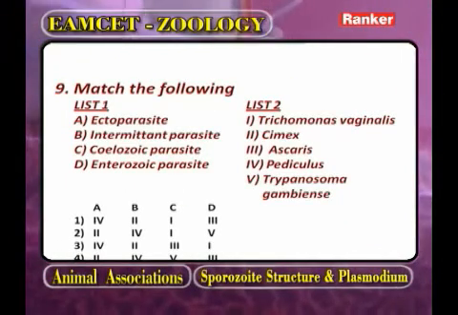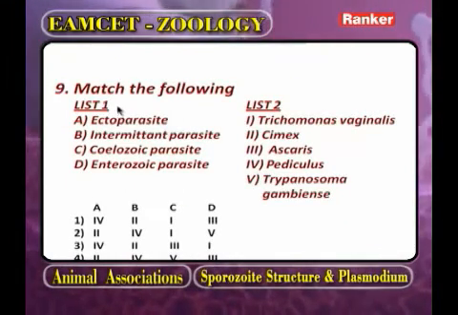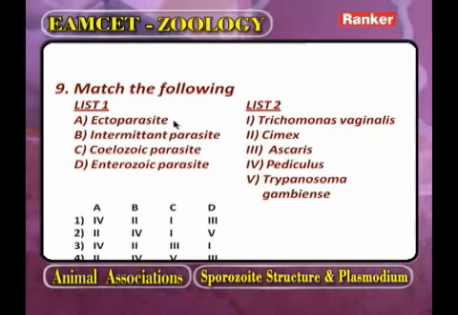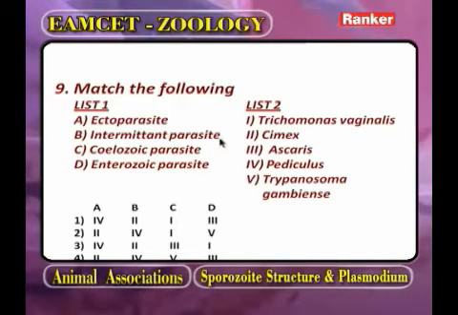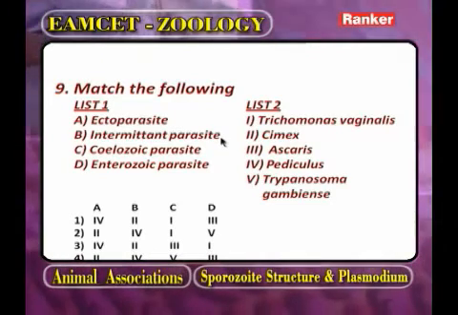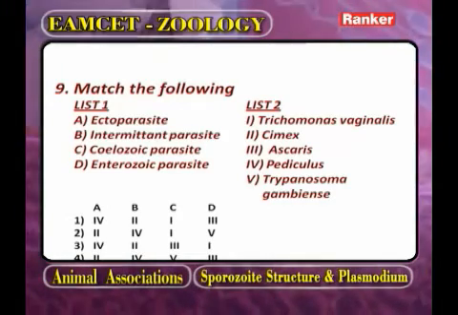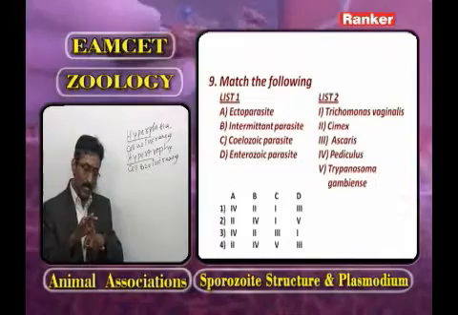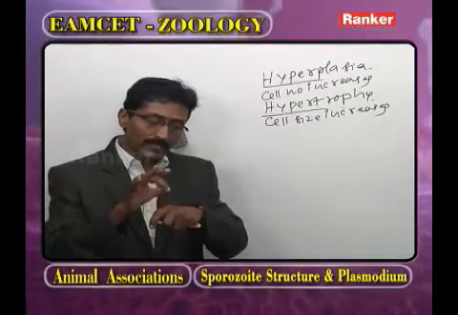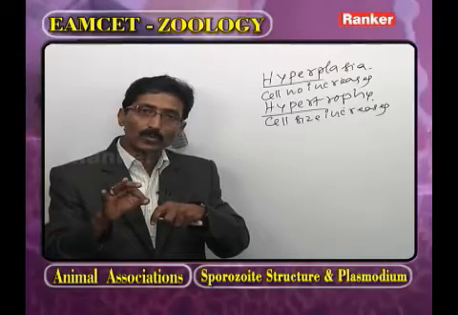Match the following. Now regarding list one. One is ectoparasite. What is meant by ectoparasite? A parasite present outside the host body. What is an intermittent parasite? A parasite that temporarily lives on the host body. Take, for example, a mosquito. It alights on our body, bites, sucks the blood and leaves.